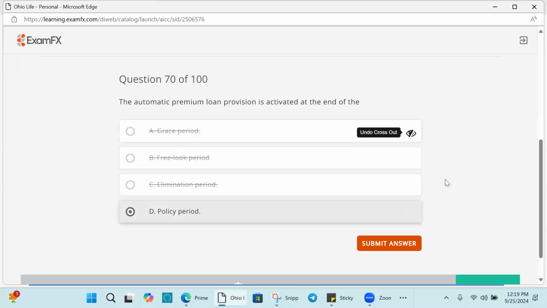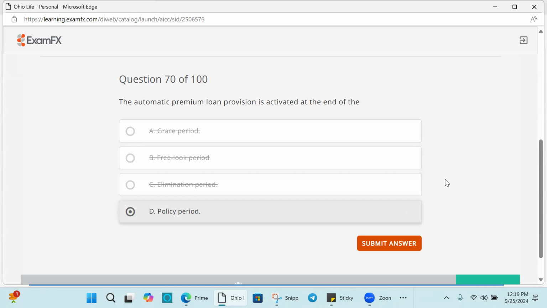The automatic premium loan provision is activated at the end of the grace period.